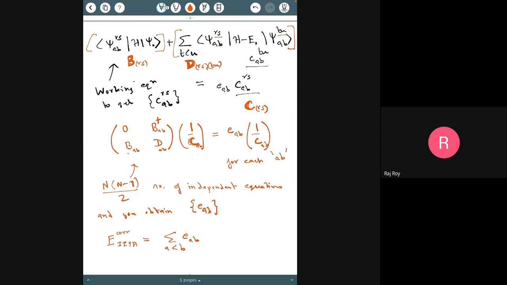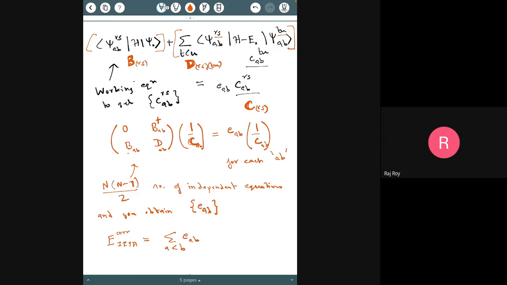So is that clear? So it's a bit different from what you do in a CI. So in a CI, you would obtain E correlation CI by the solution of a single matrix equation. And that involves the coupling between all pairs of excitations.